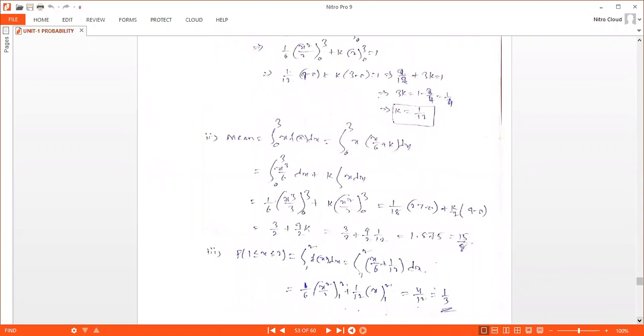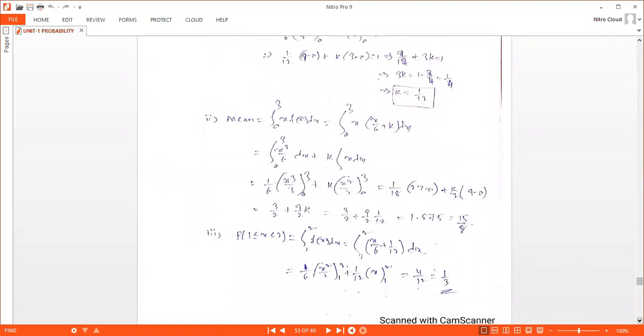Now coming to mean. Since the function is defined from 0 to 3, mean equals expectation of x equals mu equals integration from 0 to 3 of x into f(x) dx. x into f(x) means x times (x by 6 plus k).